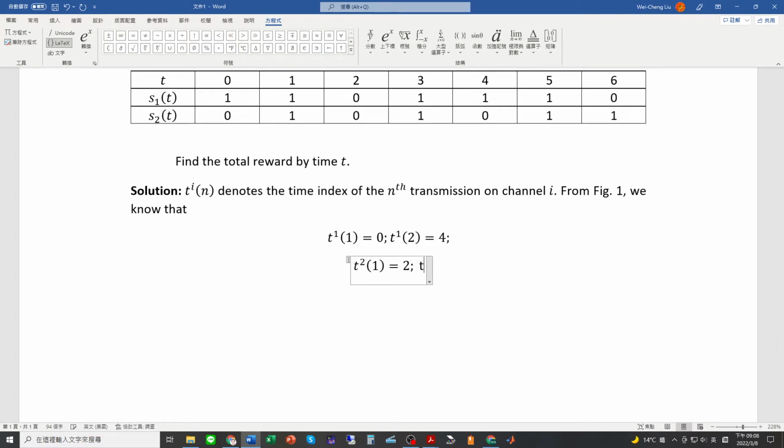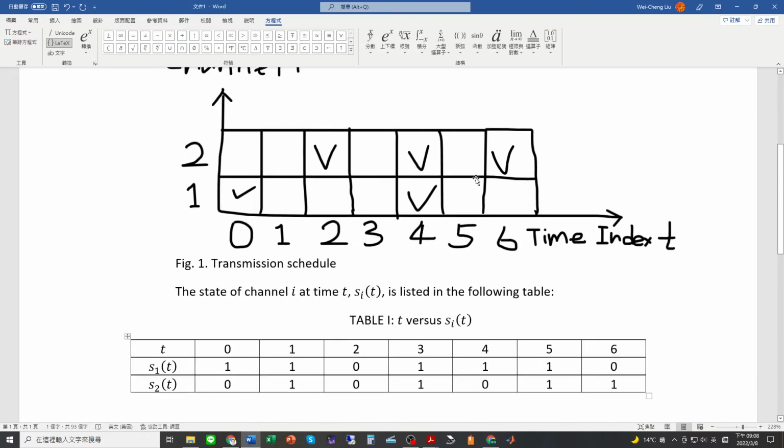Next, let us find T2 of 2, which is equal to 4. Because T2 of 2 denotes the time index of the second transmission on channel 2. So this is the second transmission on channel 2, and the time index is 4.